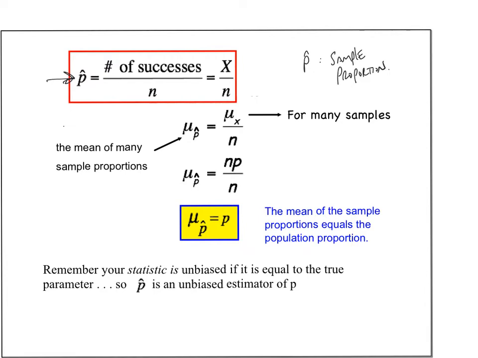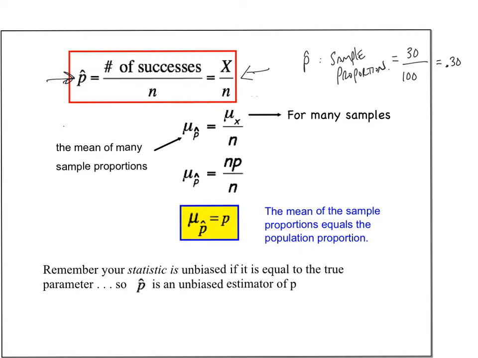So let's say we were doing the proportion of people who hike. Maybe there's 100 people in my sample and only 30 of them hike. And so my sample proportion would be 0.30. That's the idea behind the stuff in the red box.